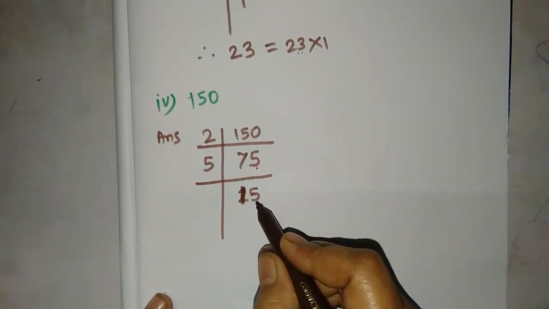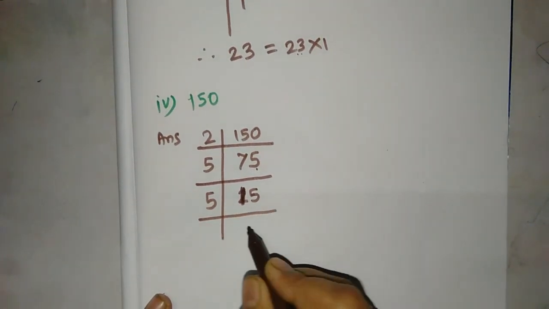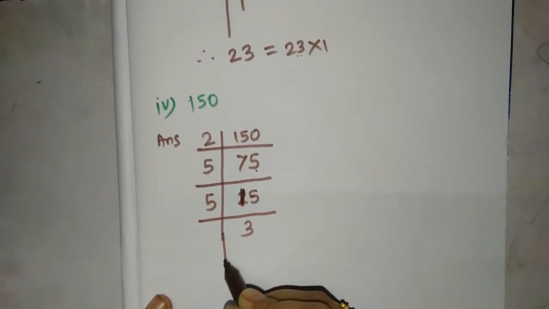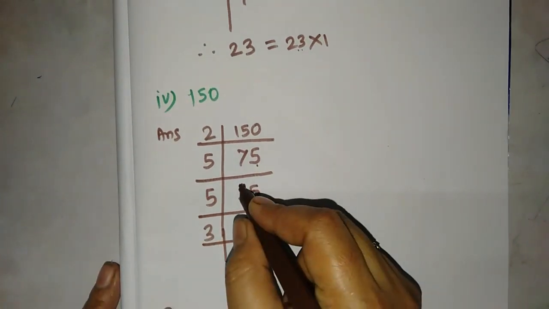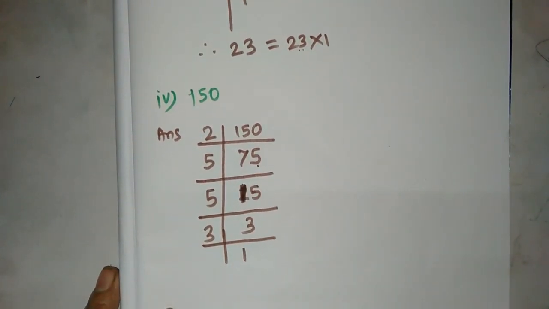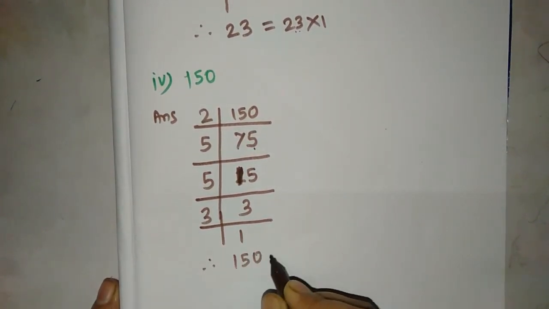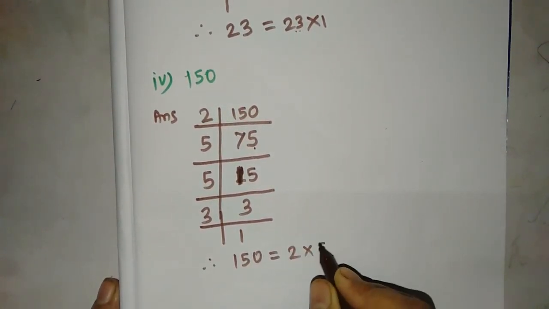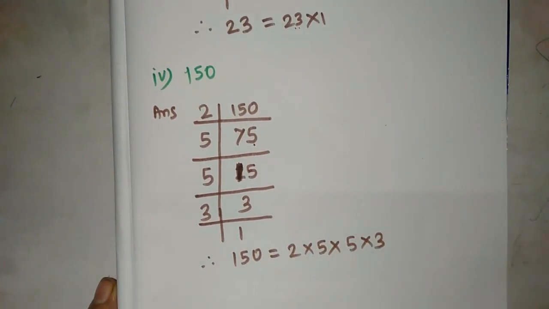Again the last digit is 5. So it is divisible by 5. 5 3s are 15 and 3 is a prime number. So divide by 3. Okay. So write down the multiplication form. 150 is equal to 2 multiplied by 5 multiplied by 5 multiplied by 3.